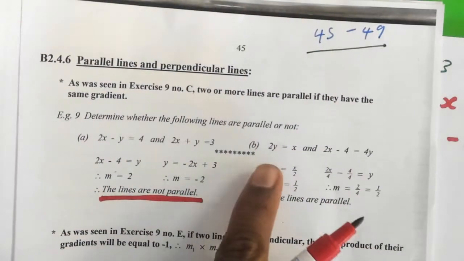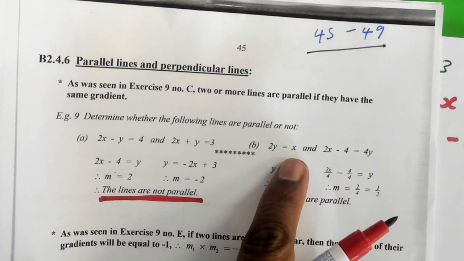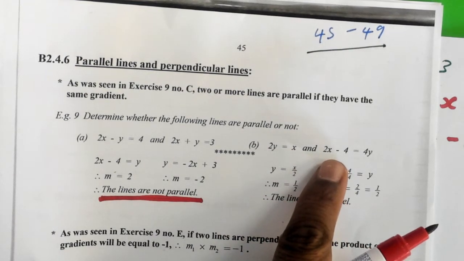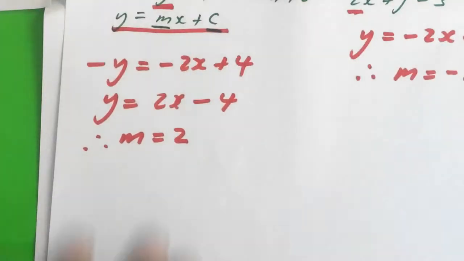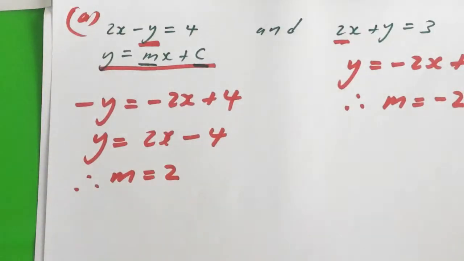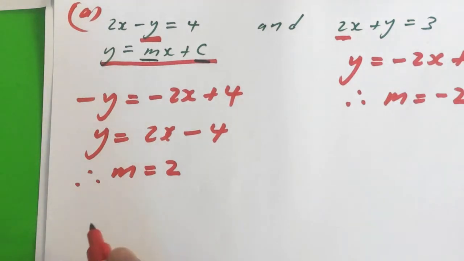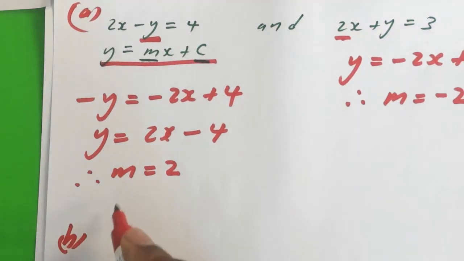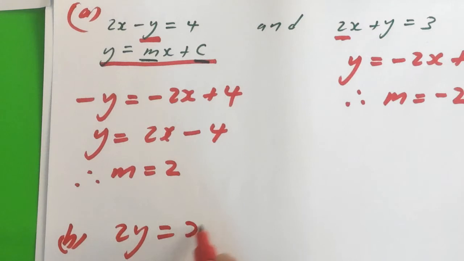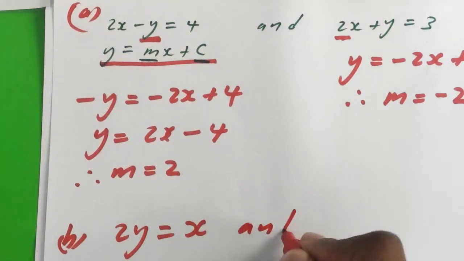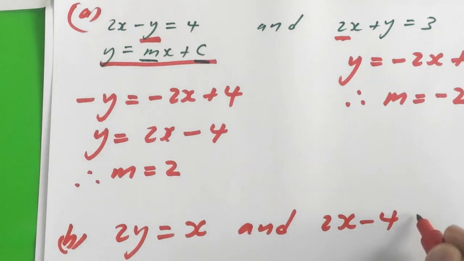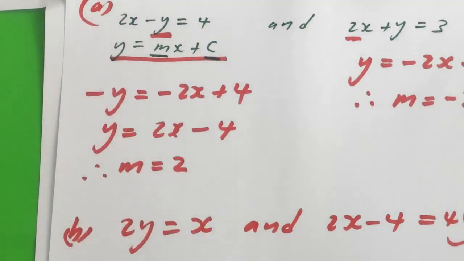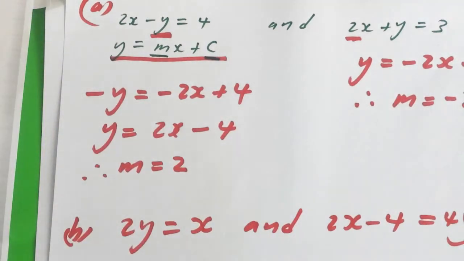If I look at this, you have 2y equals x and 2x minus 4 equals 4y. Okay, beautiful. So we have to write this in the standard form.